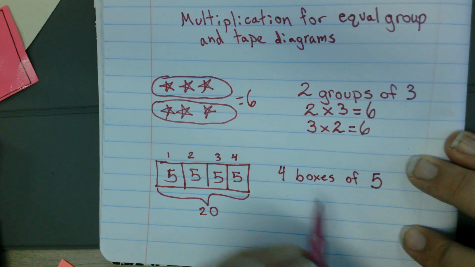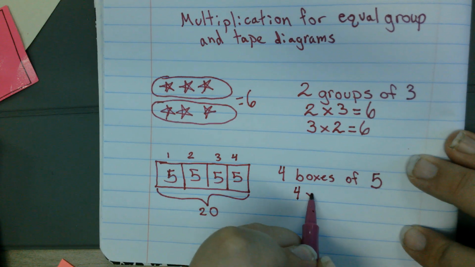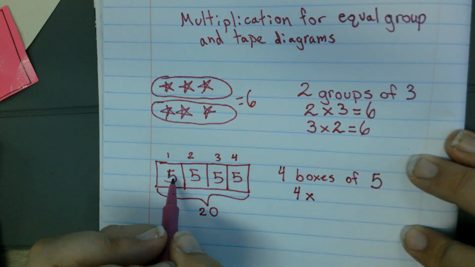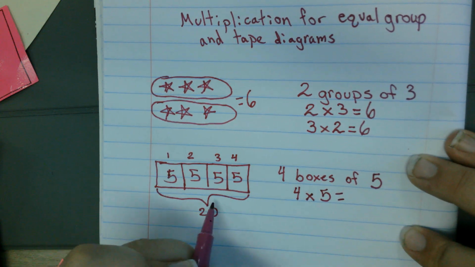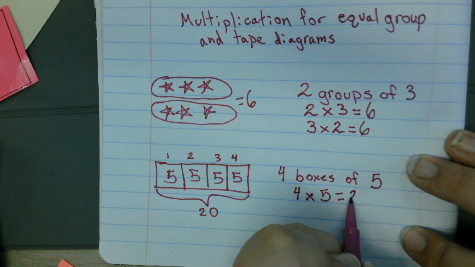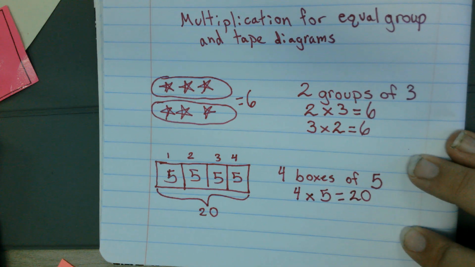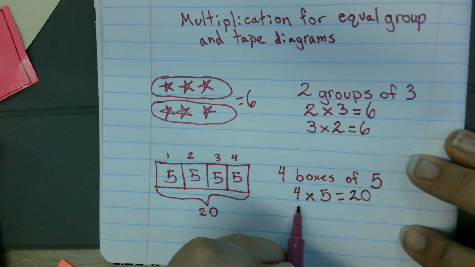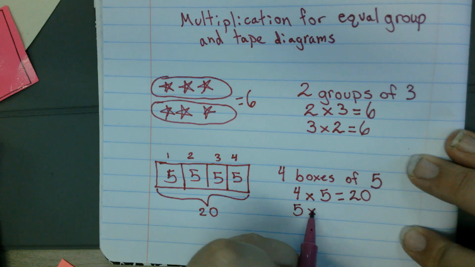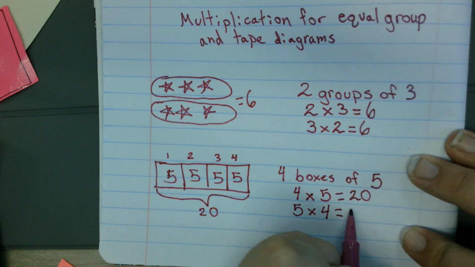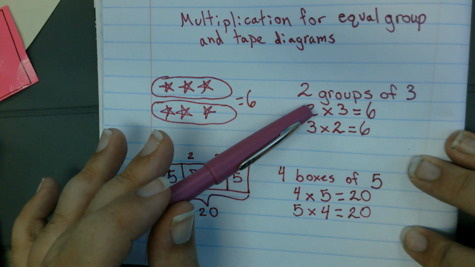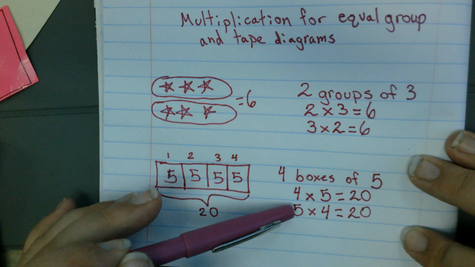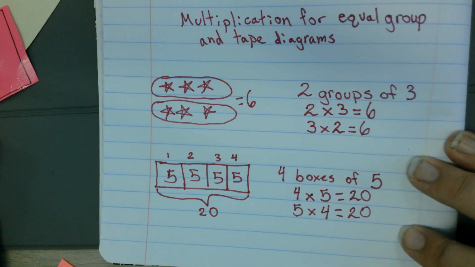This means that my equation would be 4 boxes times the 5 in each box would equal my total of 20. And as I've said before, the commutative property states that I could also write this as 5 times 4, and it will still equal 20. And as I've said previously, please encourage your student to write the multiplication equation both ways to help them with that connection.